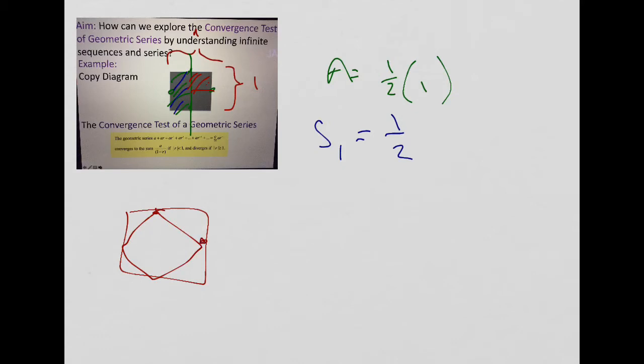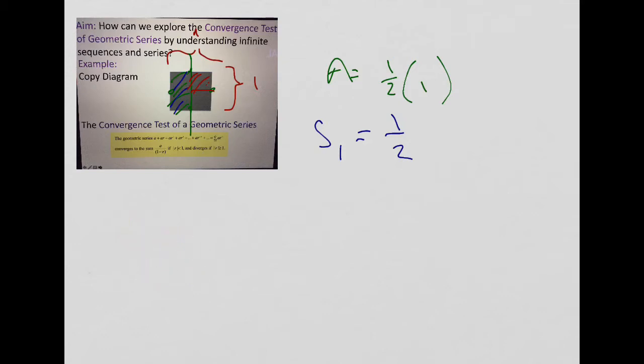This is a horrible drawing, but it's essentially the same thing. Then you find the area and the area and the area like this, okay. It's horrible, but you can see how we keep taking more and more.